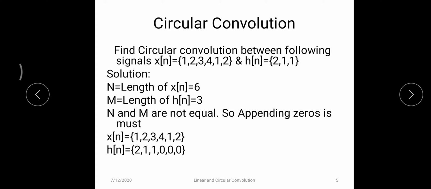There are 3 different approaches to perform circular convolution. The first is the matrix method, the second is the concentric circle method, and the third is using the convolution property. As of now, in the first method we are going to discuss the matrix method. I will explain how to perform circular convolution between these 2 sequences using the matrix method.